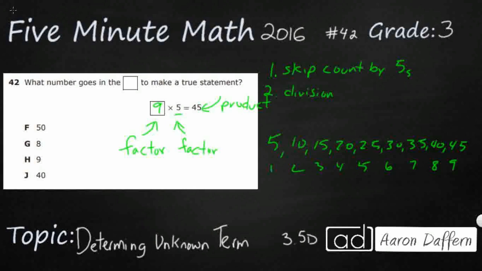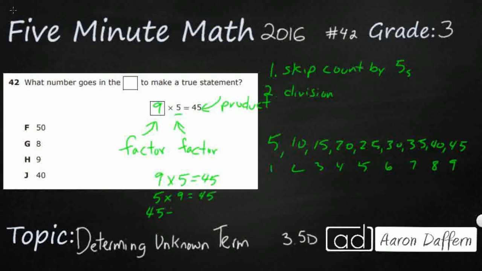So we could use our division, and how we do that is we take our 9 times 5, assuming that's it, and we realize that we could reverse the order of the factors. That's the commutative property. Then we can get some division problems.